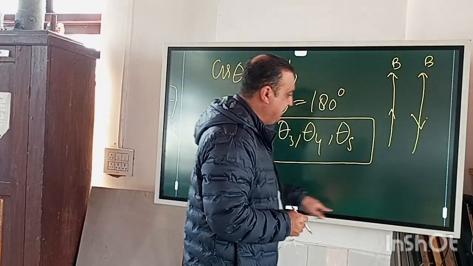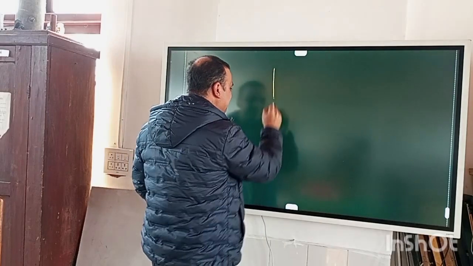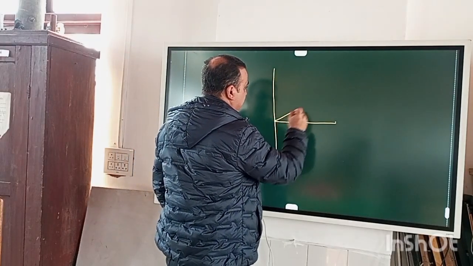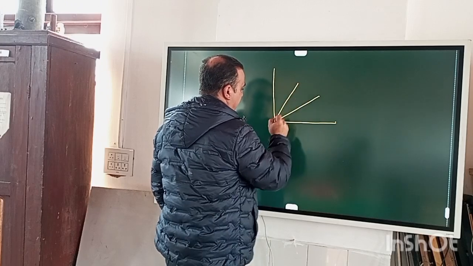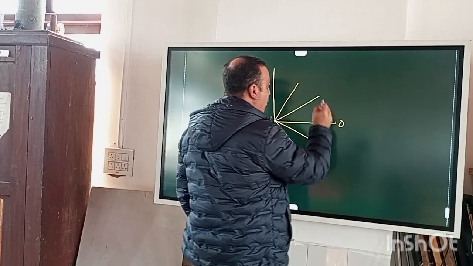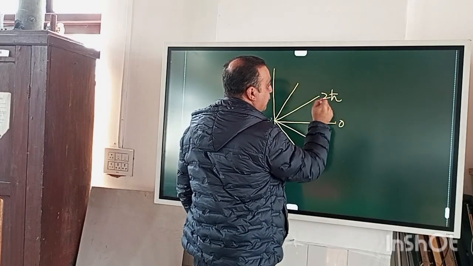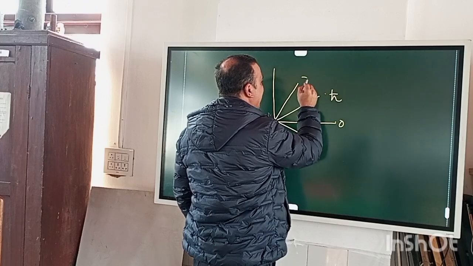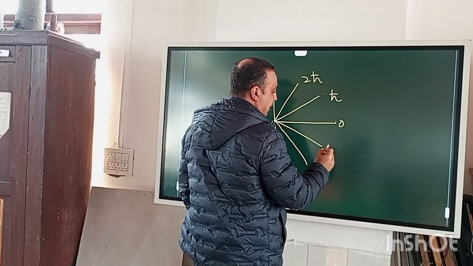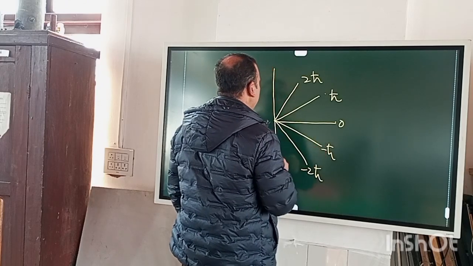And we can draw this thing, and what we have is a situation like this. So this is my 0, this is 2h bar, this is h bar, and this has to be 2h bar. This is minus h bar, and this is minus 2h bar, right?